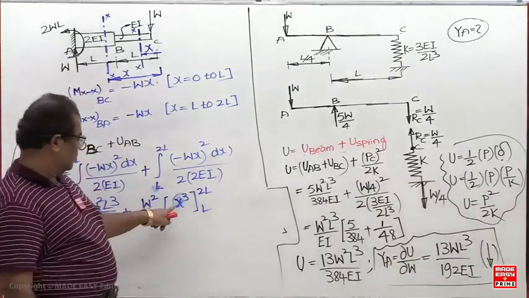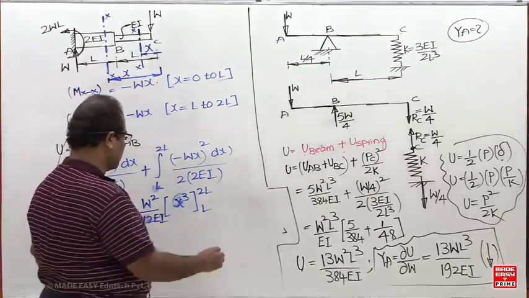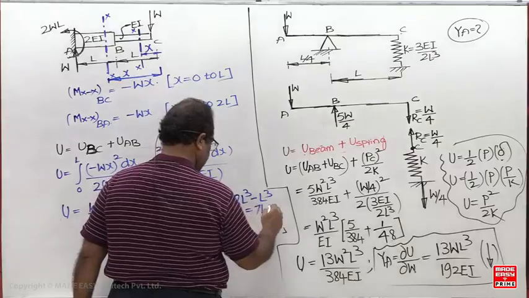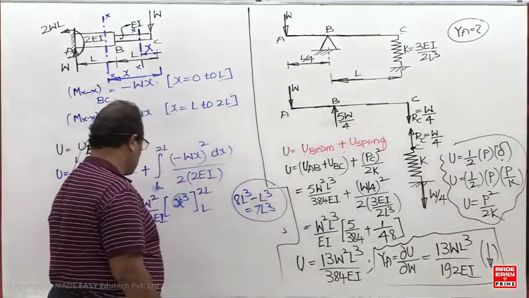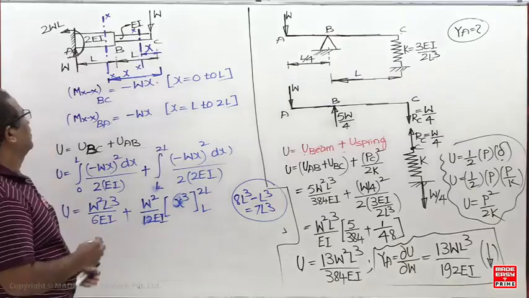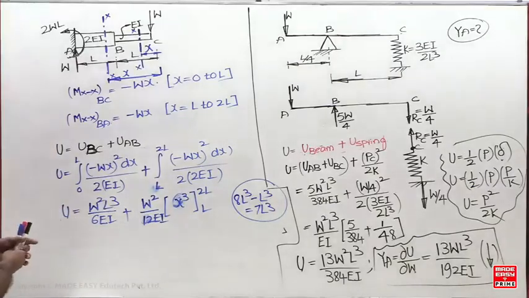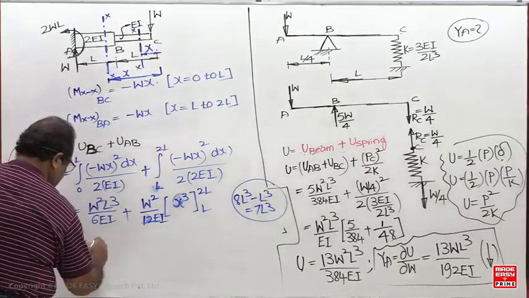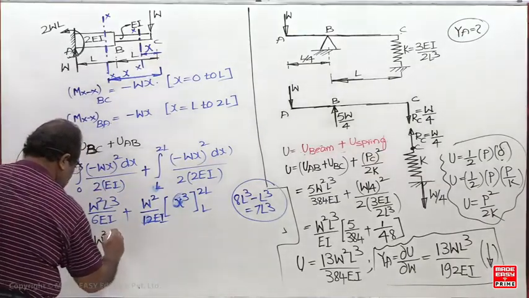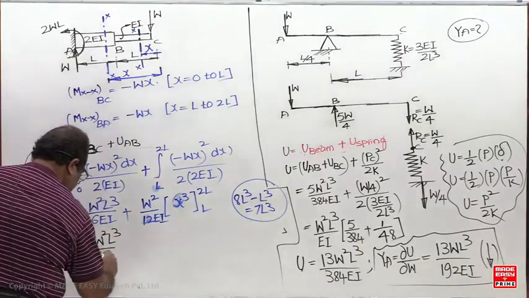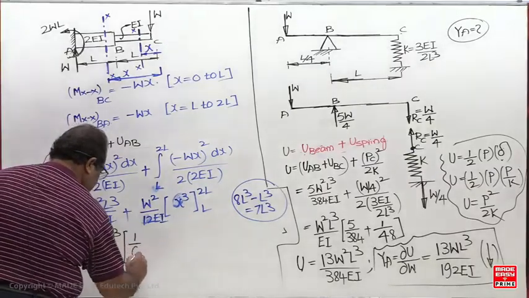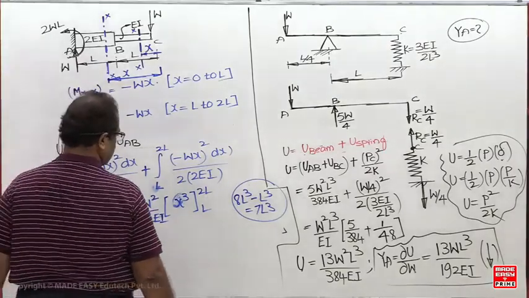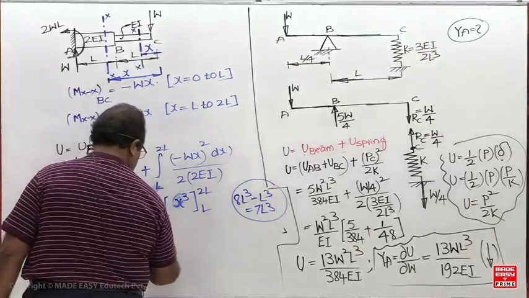So what value are you getting now? 12 whole cube, that is 8L cube minus 7L cube, you are going to get it. If I take W square L cube by EI common, it is 1 by 6 plus 7 by 12.